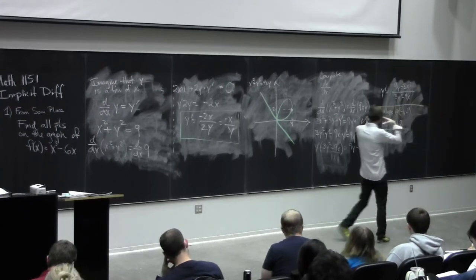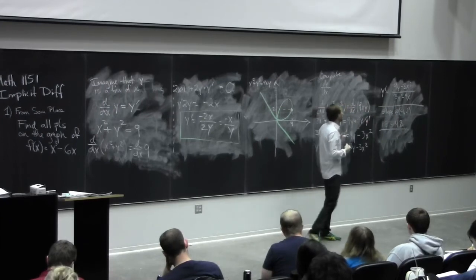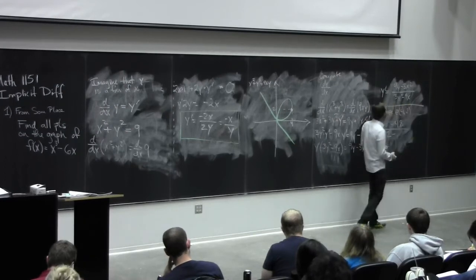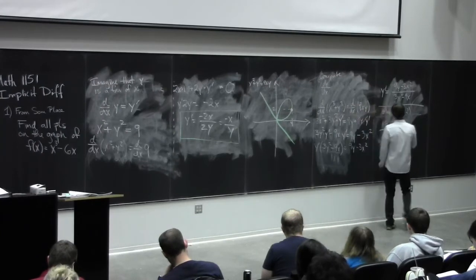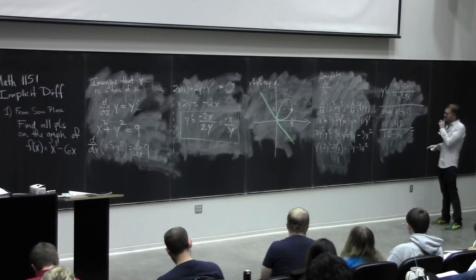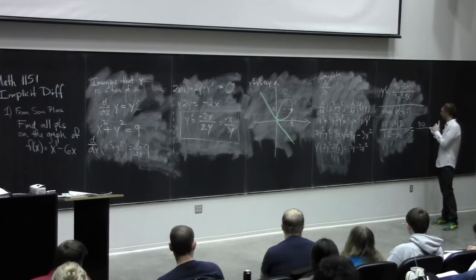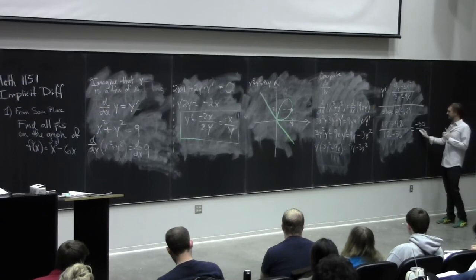Divided by 3 times 12, minus 12, minus 9 times 4, 36. Okay, 18 minus 48 is negative 30. And 12 minus 36 is minus 24.